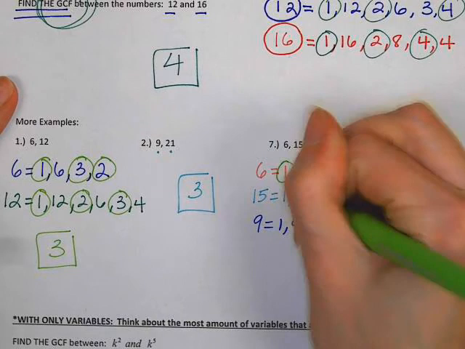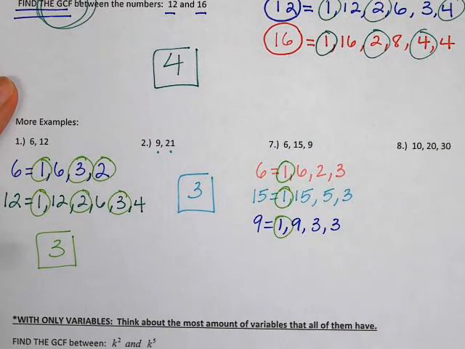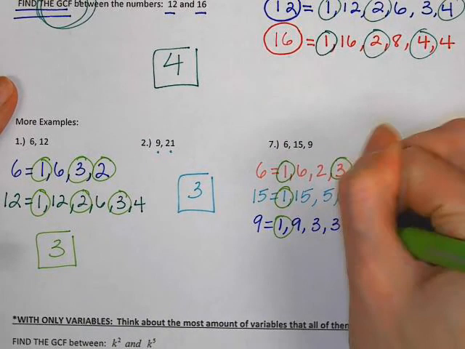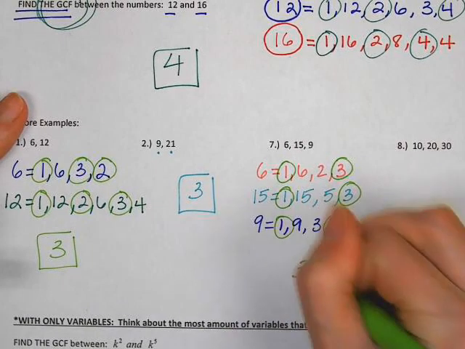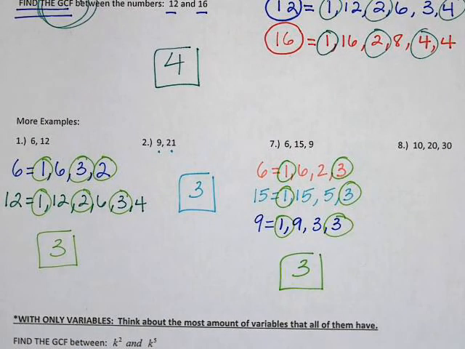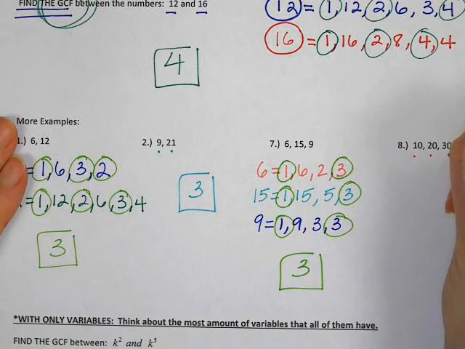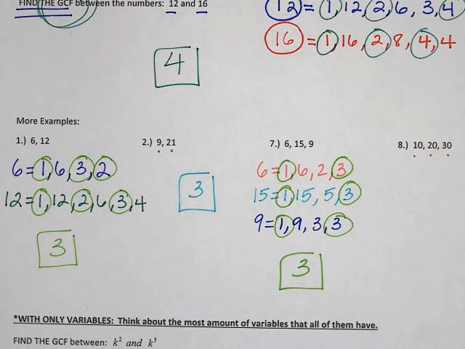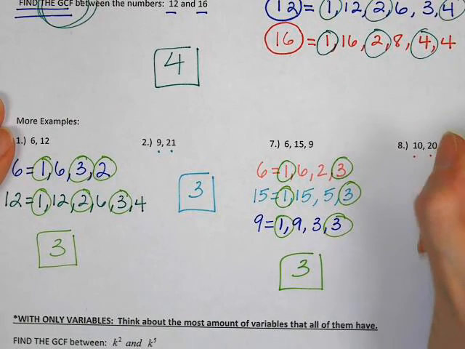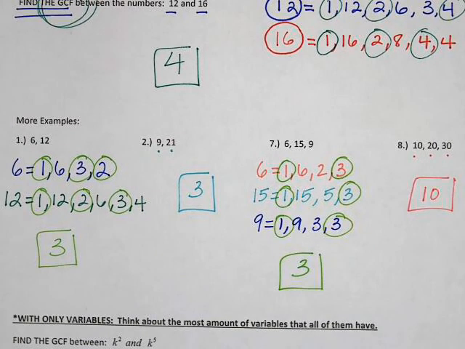They all have a 1, and they all have a 3, so it's also 3. Okay, and the next one I'm going to do in my head, but if you want to write it out, go for it. 10, 20, and 30. The biggest number that divides into all of them is actually 10. And you would see that if you wrote it out.